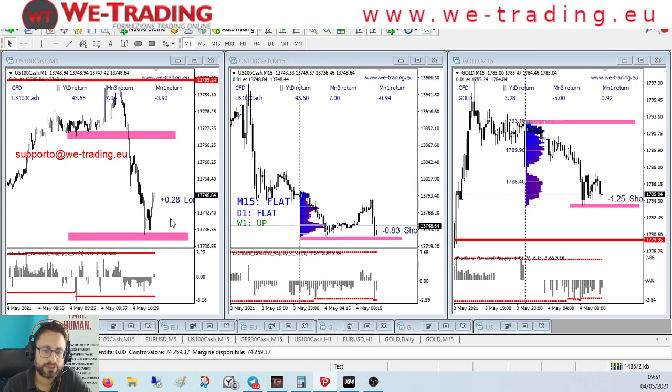For this answer we need to see this number. This number is my real-time volatility indicator, and when this value is more than plus 2, we are near the top of the markets.